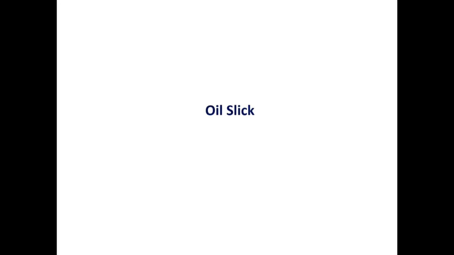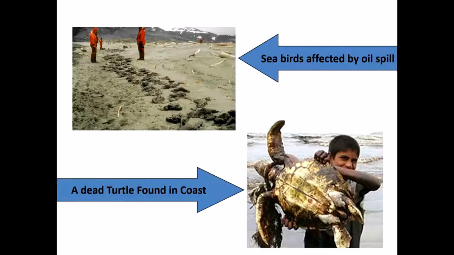Then now we will discuss oil slicks. Nowadays this news is coming in the newspapers, and you can see the disaster due to oil spills, and how the seabirds are affected and unable to fly, and finally due to starvation they die on the shore.